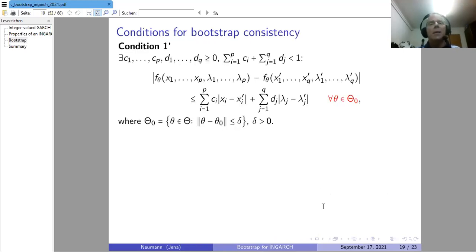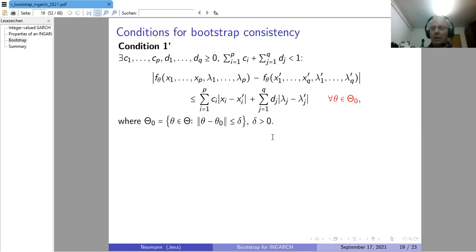Okay, here are some technical conditions. Of course, we use again a contraction condition for the intensity function. This time, of course, we have to assume this condition in a neighborhood of the true value theta 0, because we have to estimate this parameter.